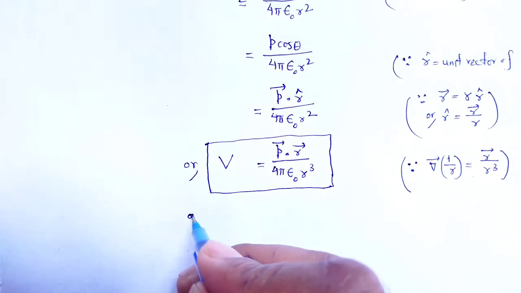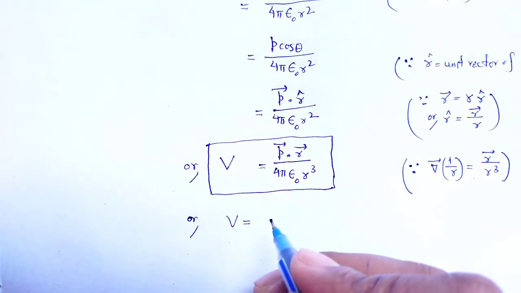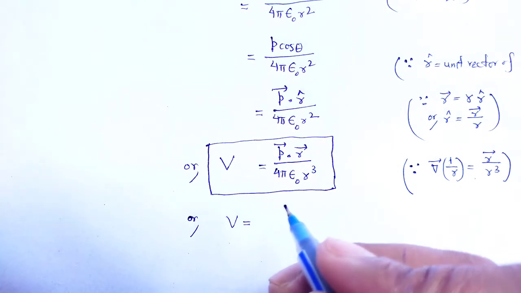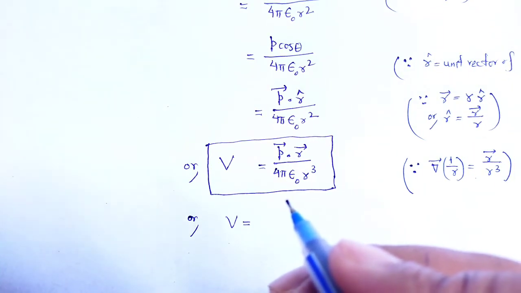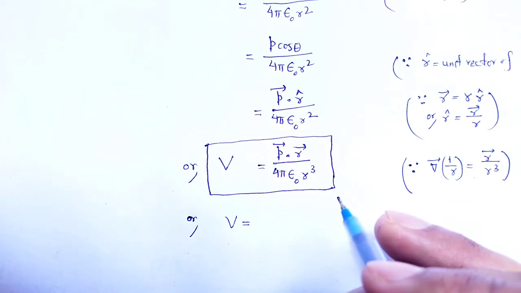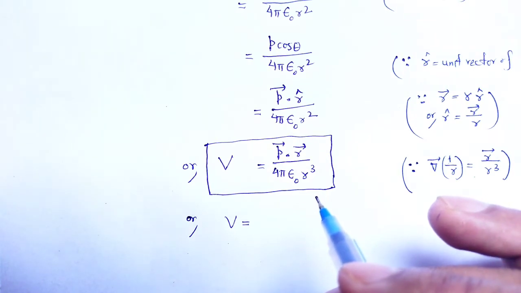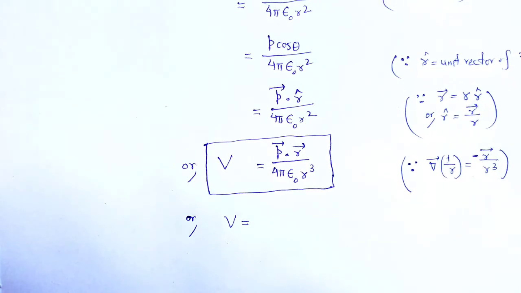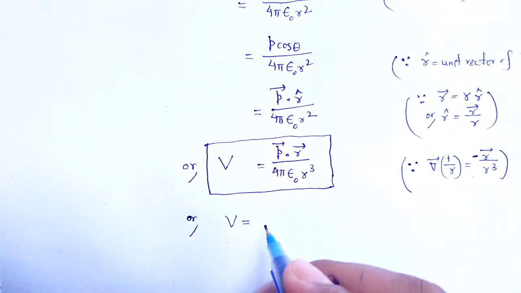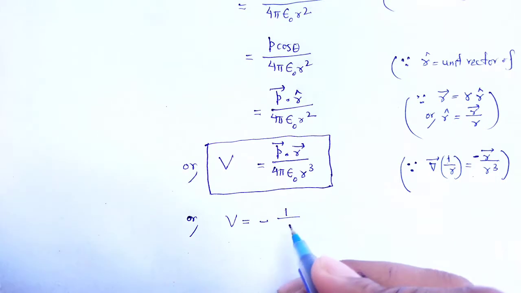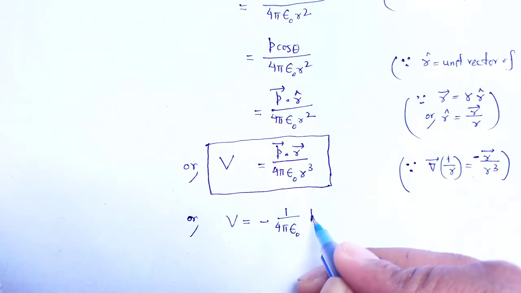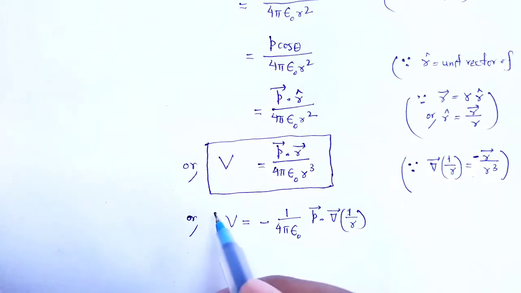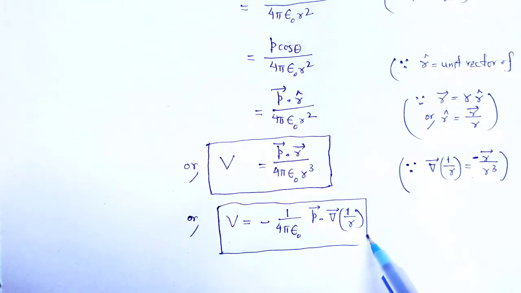So that expression will be further written as V equal to minus 1 by 4 pi epsilon naught P vector dot grad of 1 by r, potential in terms of gradient.